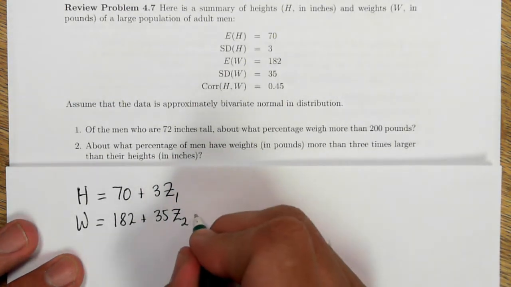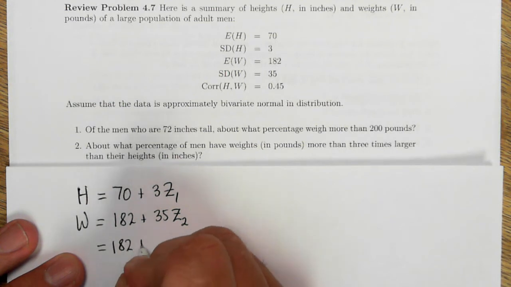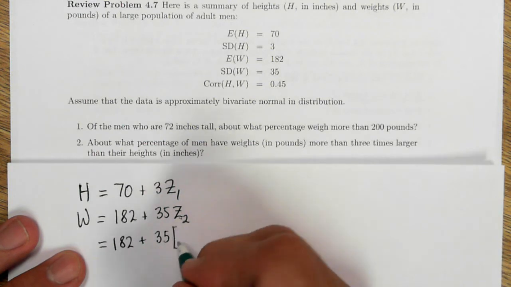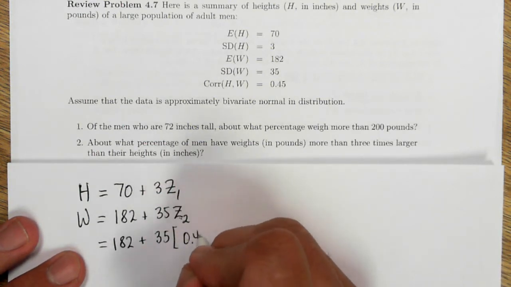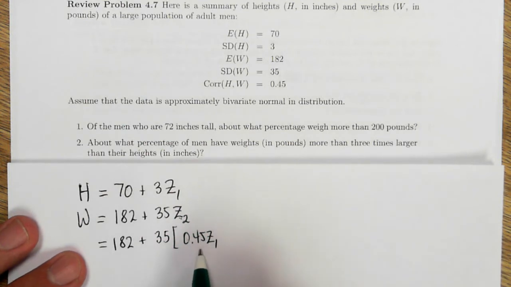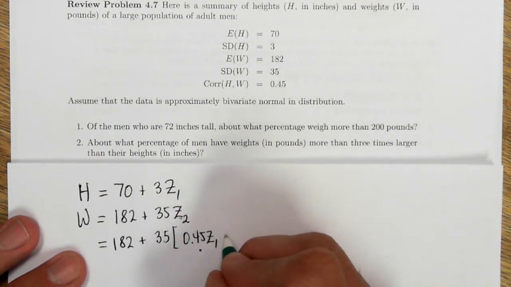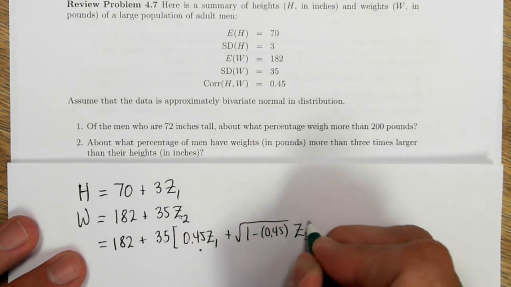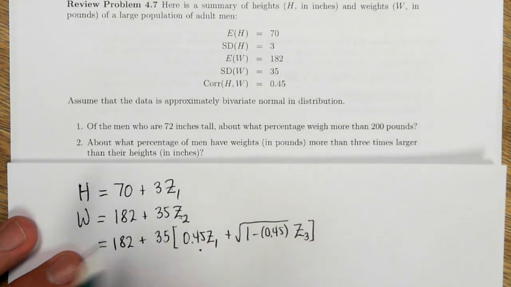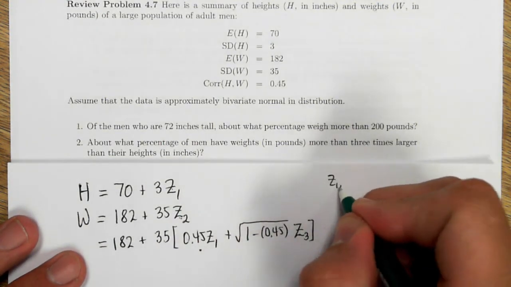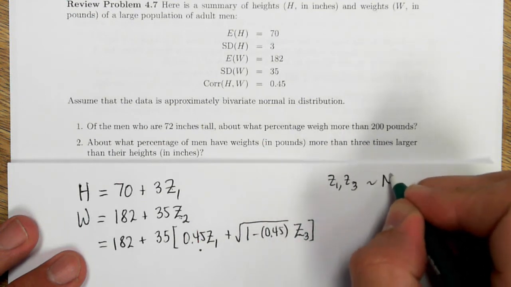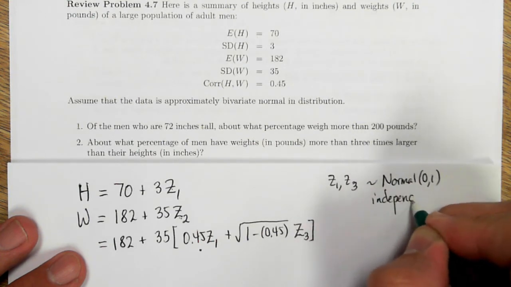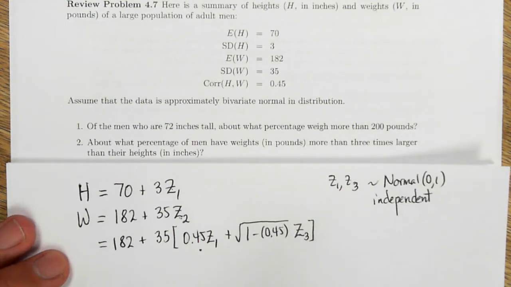Then I apply the standard trick that I showed in class: I will replace this second normal random variable with 0.45 z1, and that reflects the correlation between z1 and z2, plus the square root of 1 minus 0.45 times z3, where z3 is independent of z1. So z1 and z3 are both standard normal and independent. And the independence is going to save me when I start doing calculations.